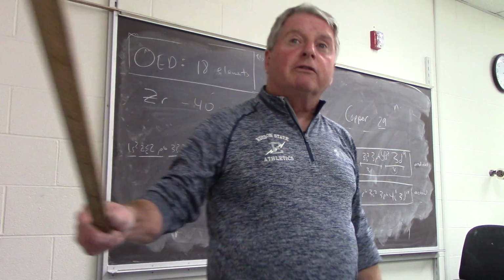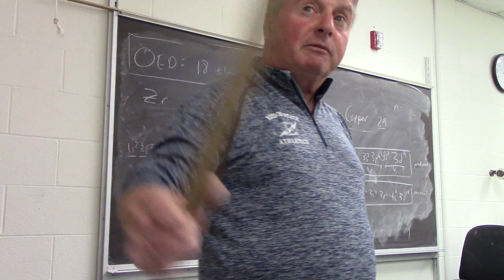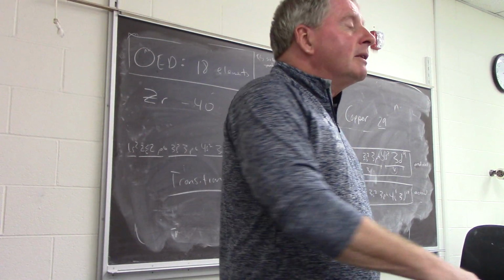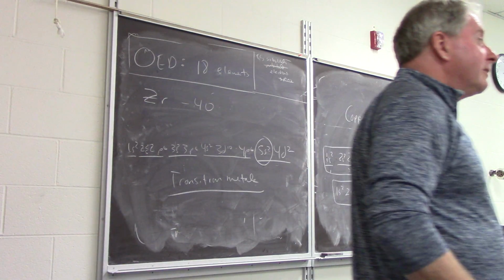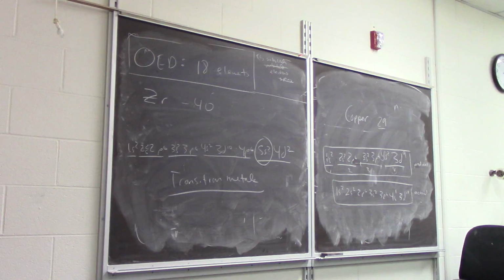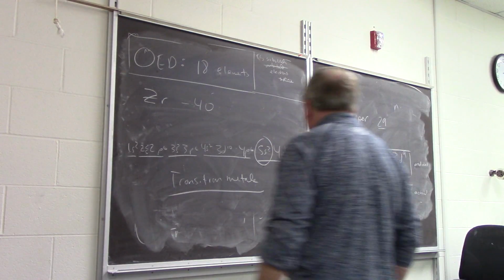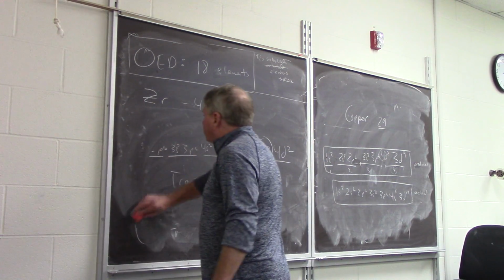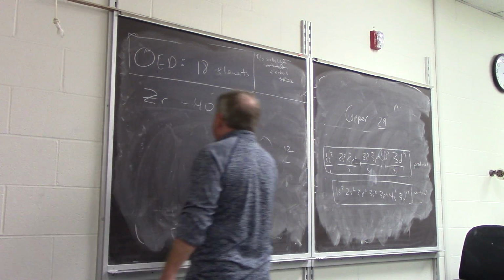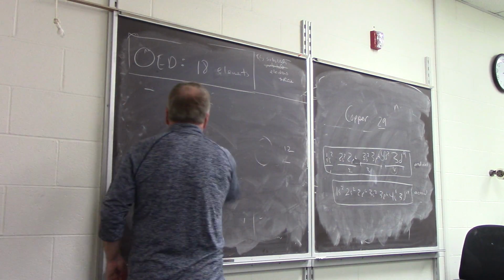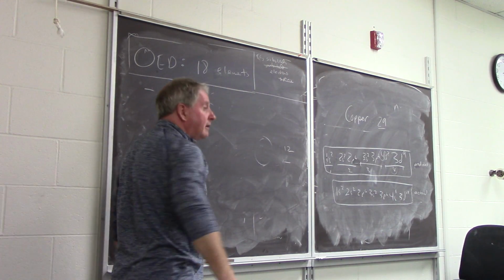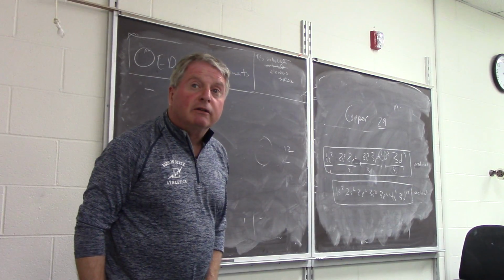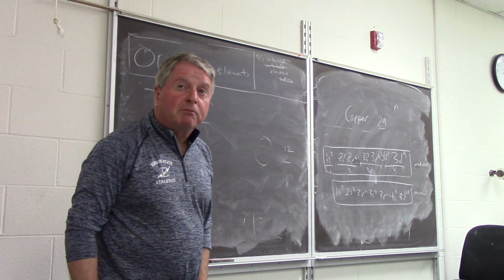A really odd one is this guy right here, palladium. It has 18 valence electrons. Let's look at its electronic configuration. Palladium is Pd, and it's found in the 4P.